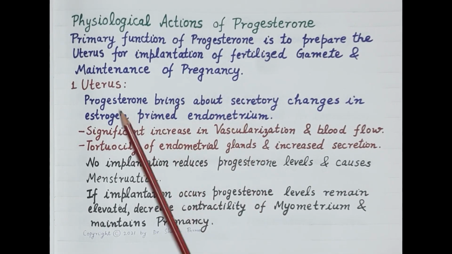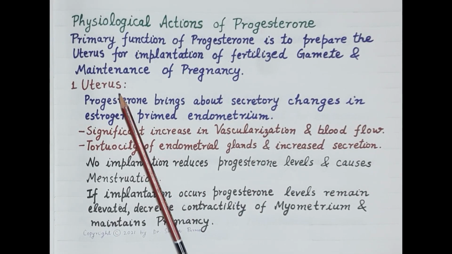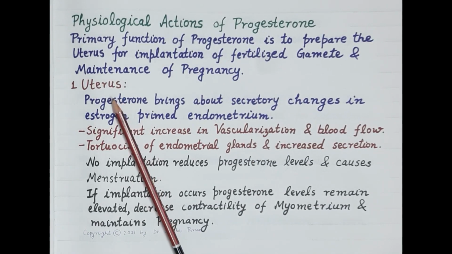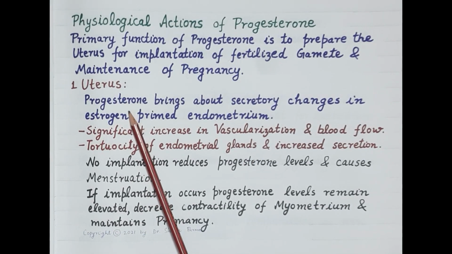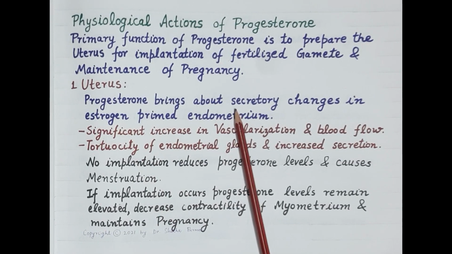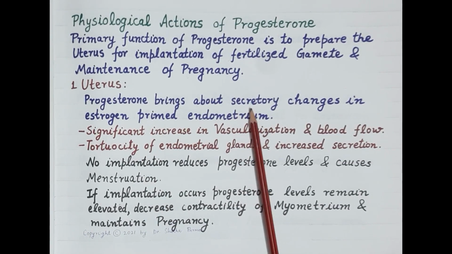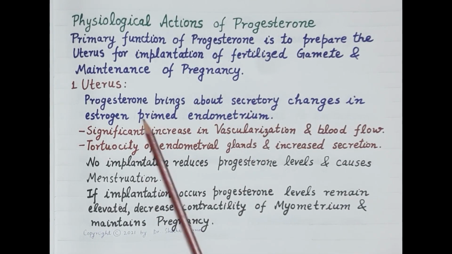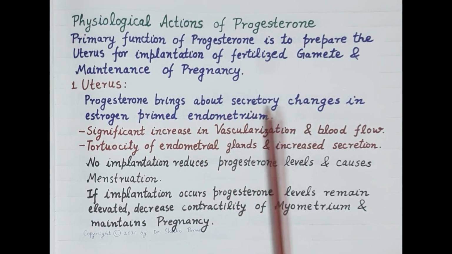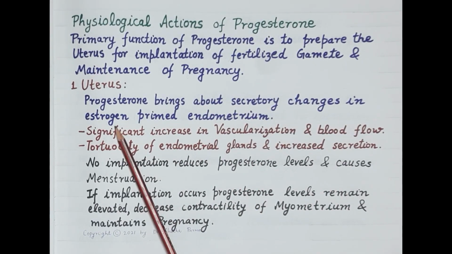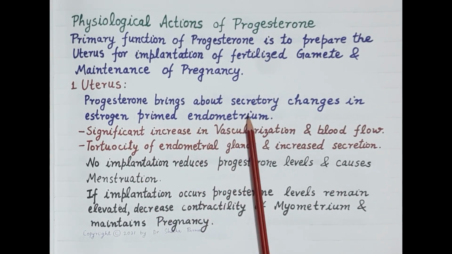Now, let's first see the effect of progesterone on uterus. Now, as already seen, progesterone makes the endometrium secretory. So progesterone brings about secretory changes in the estrogen primed endometrium.